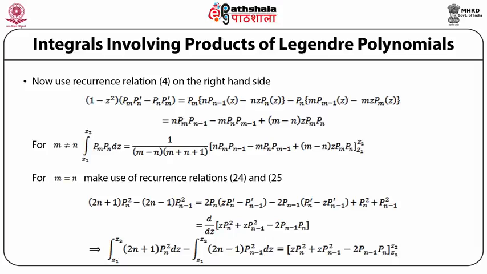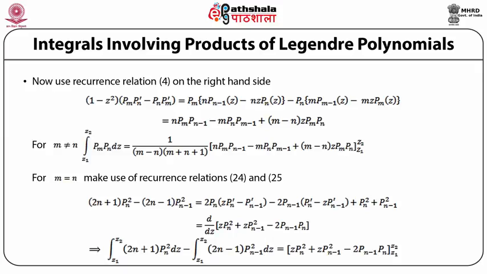This is equal to d/dz of [z into Pn² plus z into Pn−1² minus twice of Pn−1 into Pn].